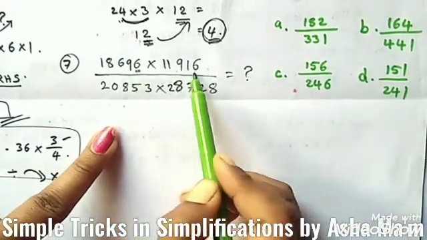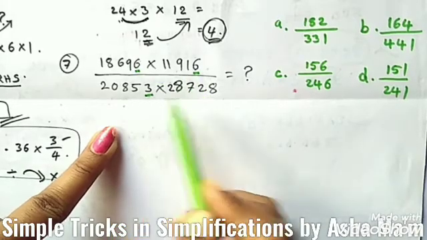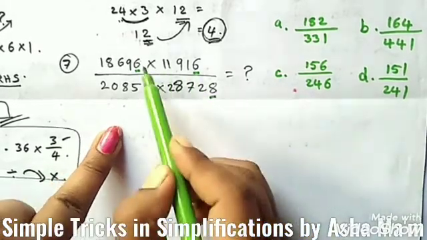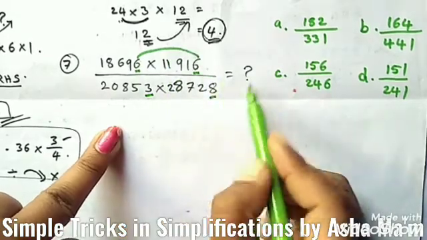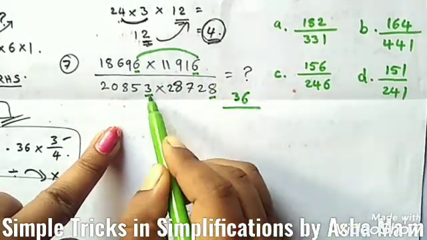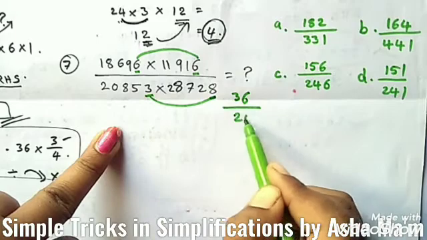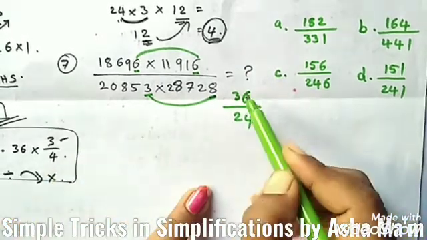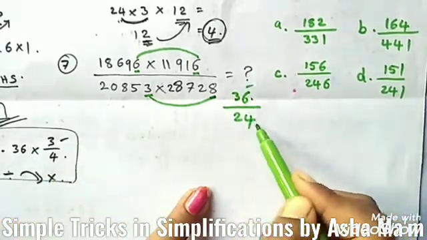Here is the last digit, here is the last digit you have to consider. Here also the same, the last digits you have to multiply. Here 6 into 6, 36 by 3 into 8, 24. So you can consider the last digits 6 and 4.